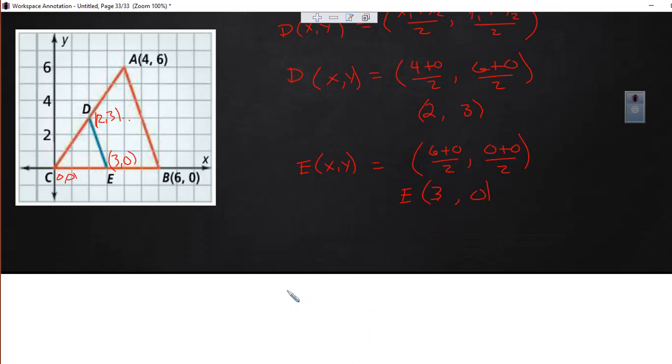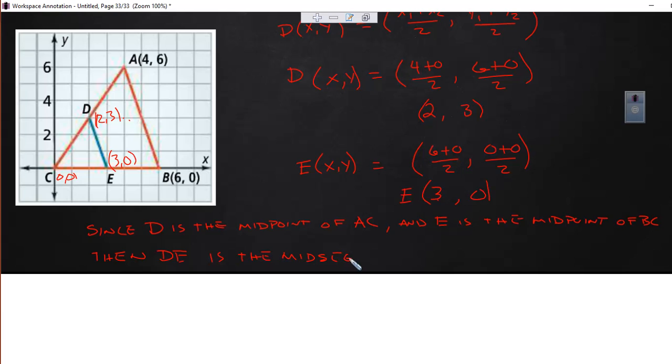So we can say that if we were going to write this out, since D is the midpoint of AC and E is the midpoint of BC, then DE is the midsegment of triangle ABC.